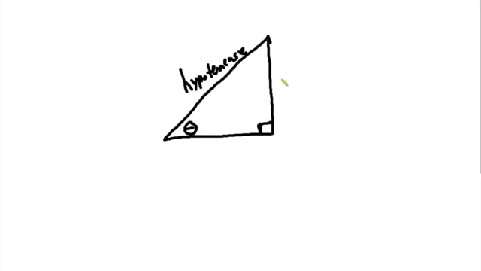Then if this is theta, this is the opposite side of theta because it's right across from it. This is the adjacent side to theta because it's right next to theta. Opposite, adjacent, hypotenuse.